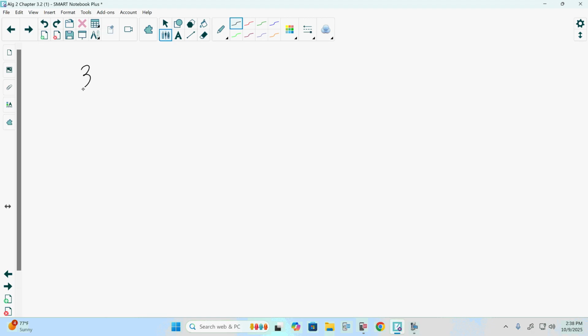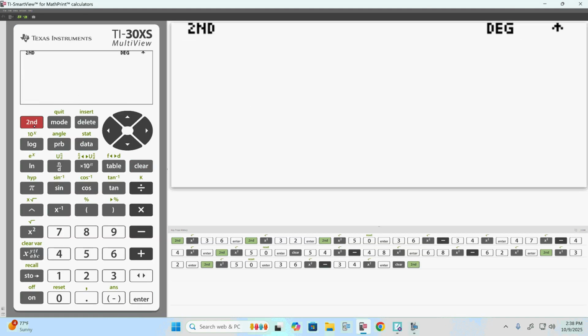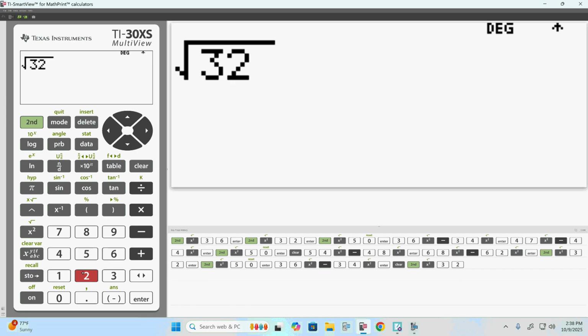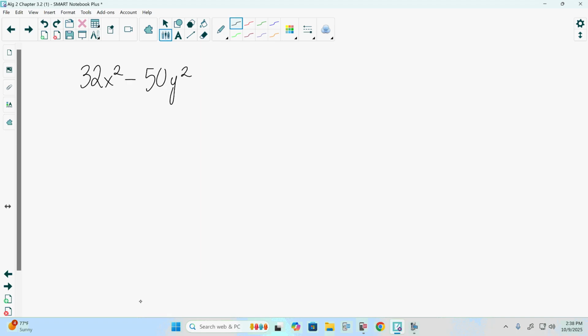Let's add one. Let's do 32x squared minus 50y squared. So what times itself is 32? Well, if we're not sure, we can always take the square root, because when we take a square root of a number, we're finding out what times itself is that number. Is there a number times itself that gives us 32? Well, 4 squared is 16, but that's not what we want. So what we'd have to look at next is whether there is a greatest common factor between 32 and 50.